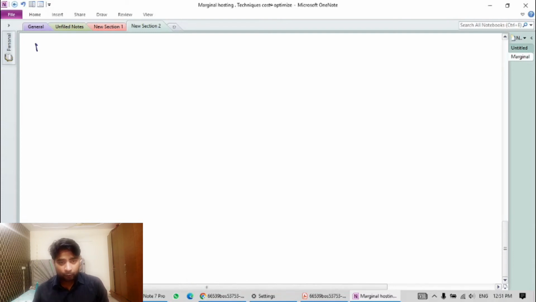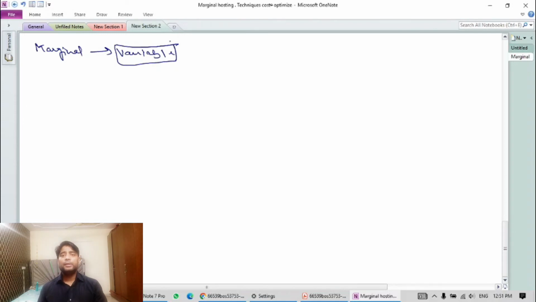So what is the meaning of marginal? Marginal simply means variable. Like we have two types of cost, one is fixed cost and one is variable cost. The variable cost is also called marginal cost.